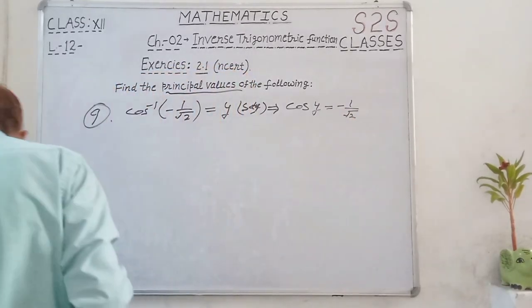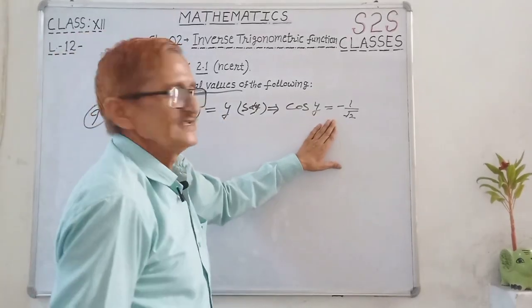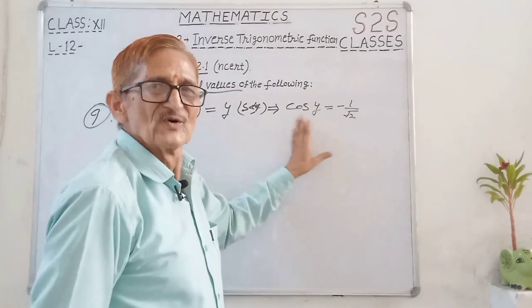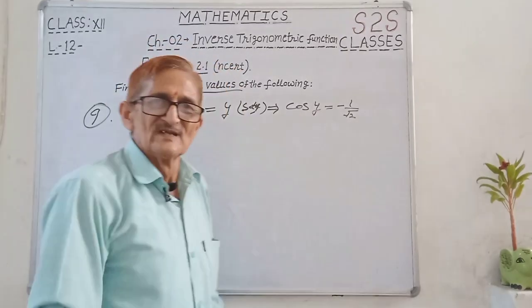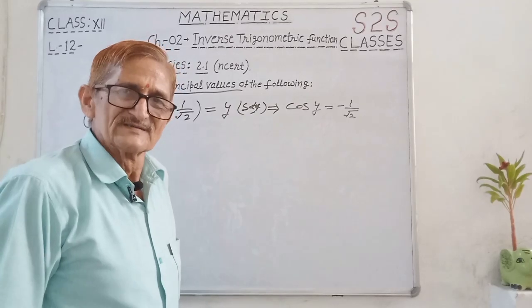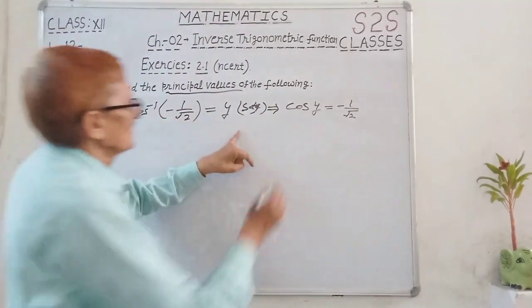Again you see, now in which quadrant is y? Cos y is negative, so the angle y for the cos function is negative in which quadrant? In second and third. But according to the branch of cos inverse, what is the range branch?